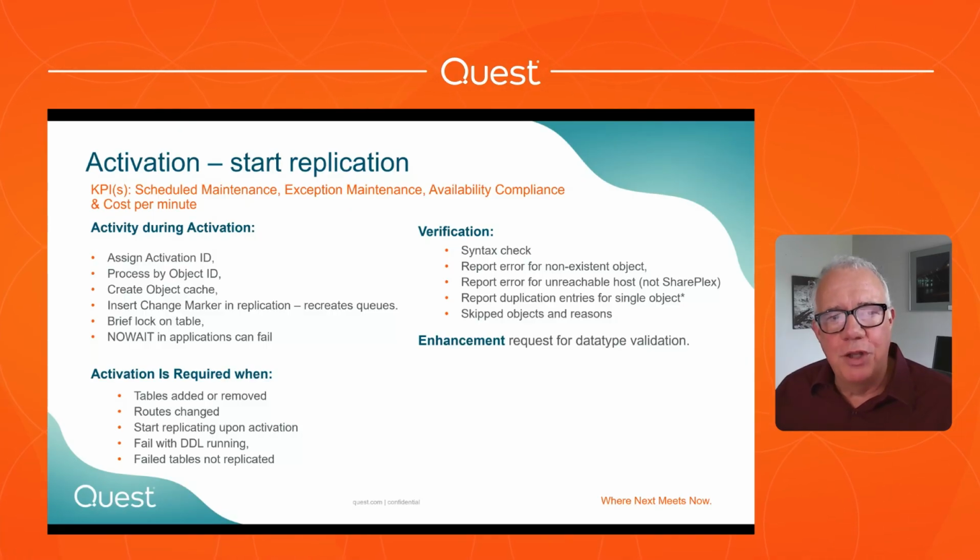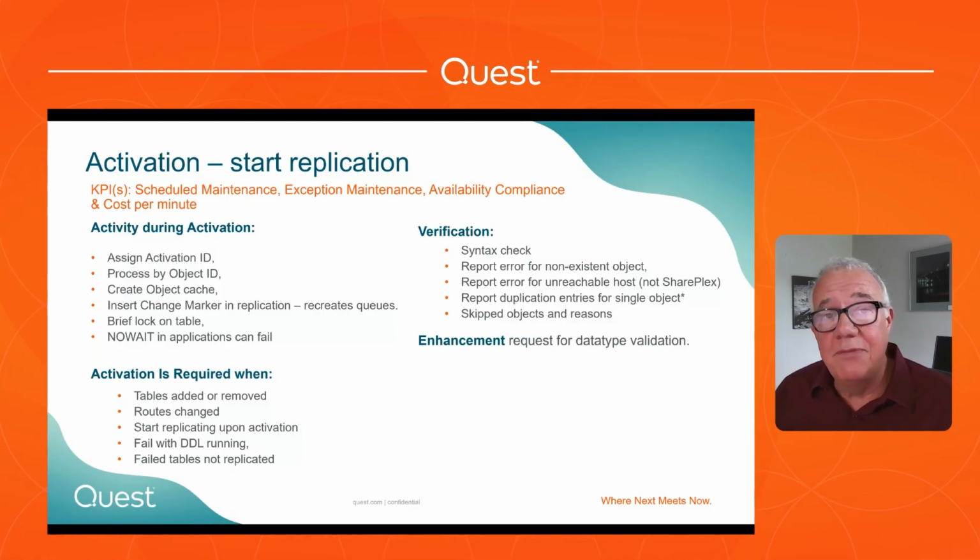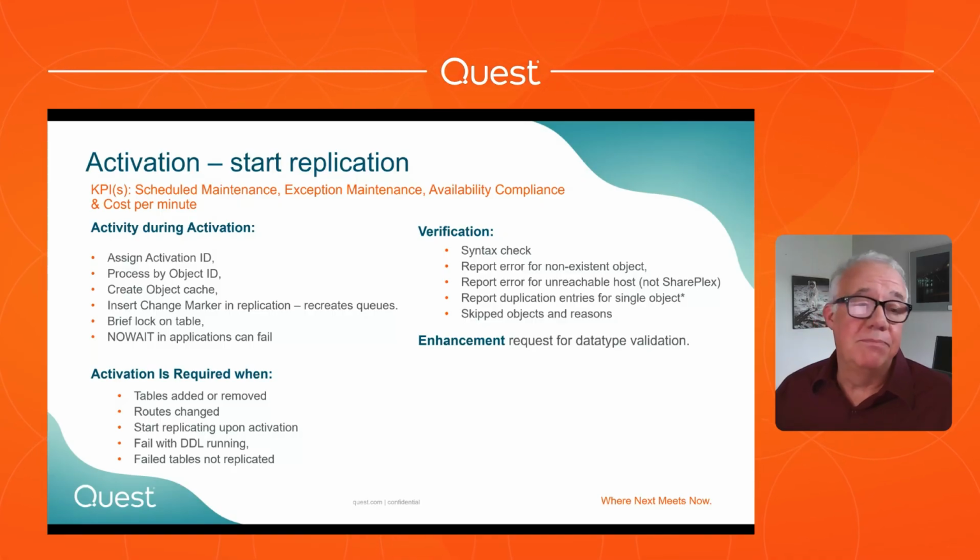I'm not going to go through all of these, but the two important ones are there is a brief lock on the table, unless you say no, I don't want it locked, and that applications that have no wait built into them can fail because the table may be locked and they don't wait for the lock. So you need to know something about your apps. That is not an issue we encounter that I've heard of, but you must consider this.